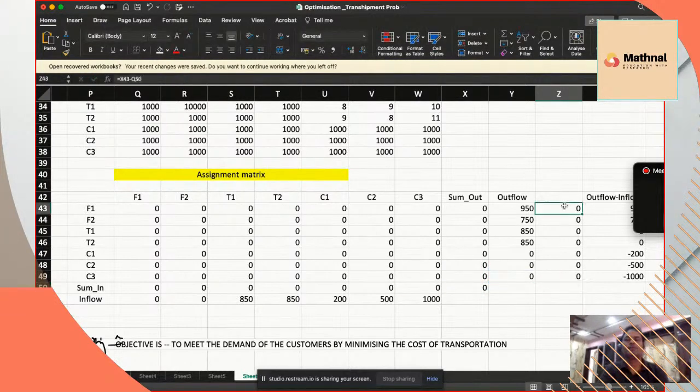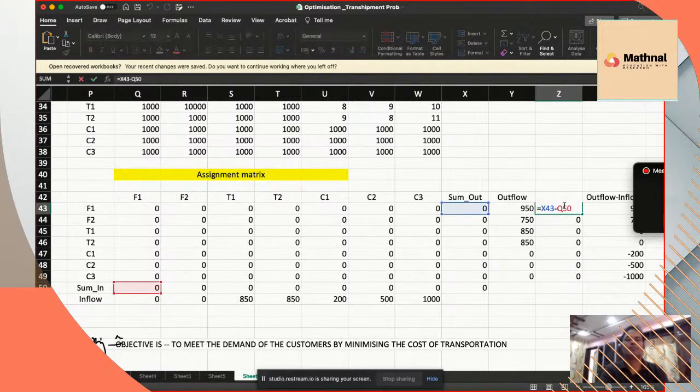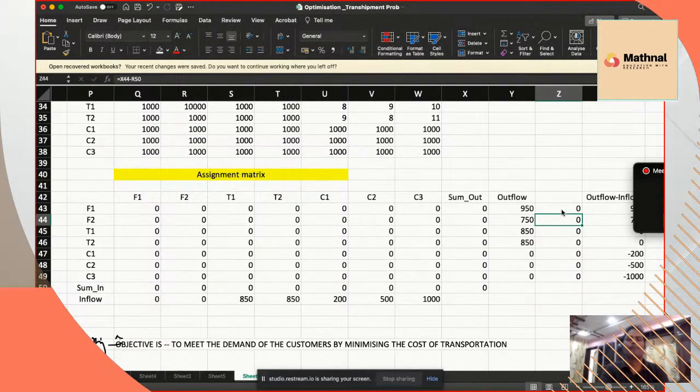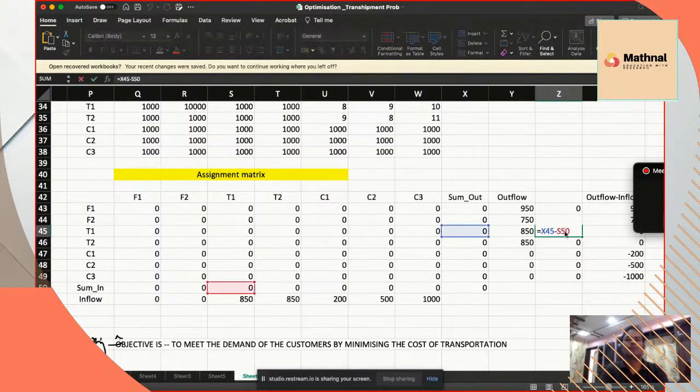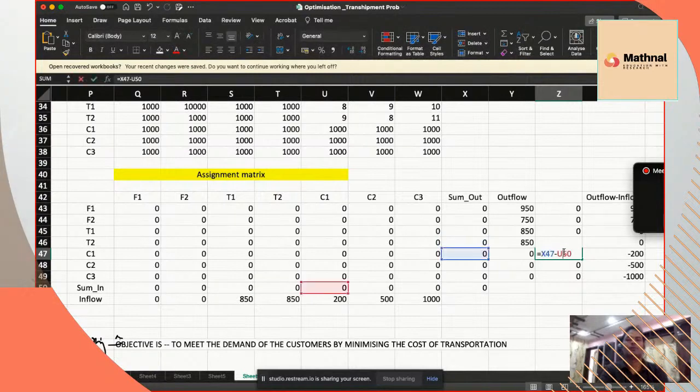I'll just check the formula once again. Double click. Perfect.